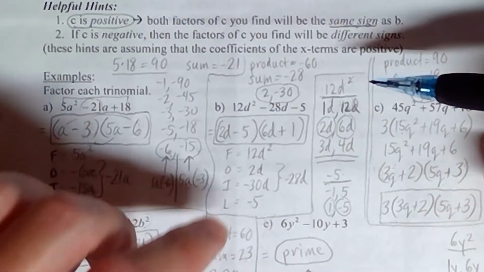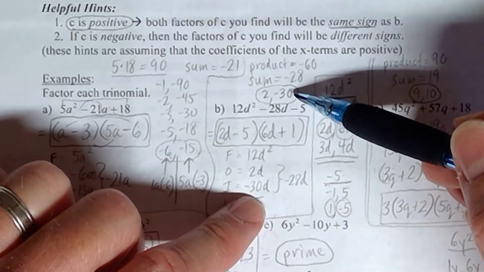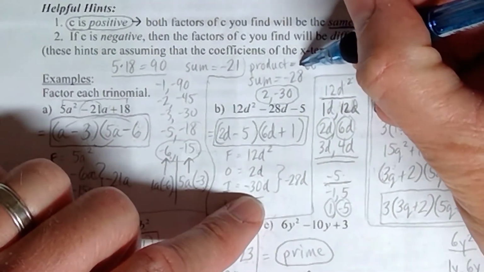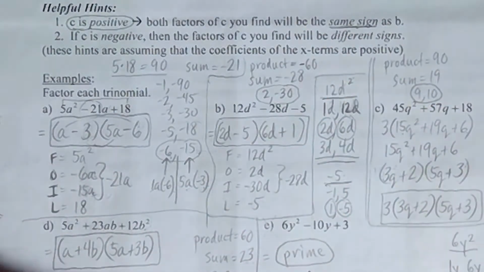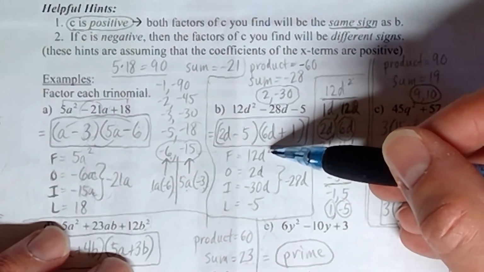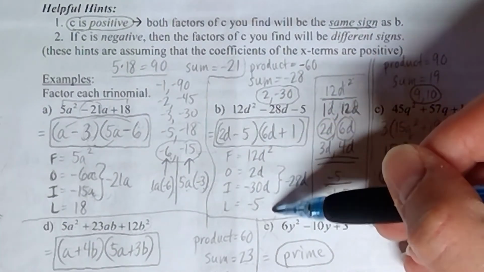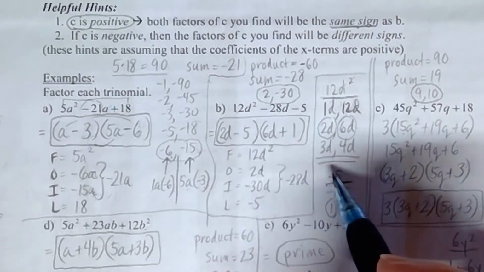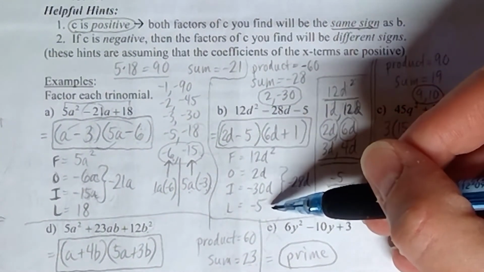We do the same thing to start out in the trial and error method, where we find these 2 numbers that multiply to negative 60, but add up to negative 28. We do that same thing to start. And then just like we did in the grouping method, only I wrote it in a vertical format here instead of writing it across like you do when you write a polynomial. But it's the same 4 terms.